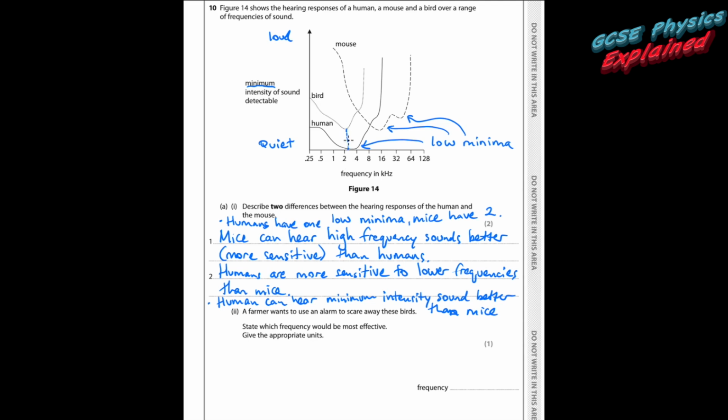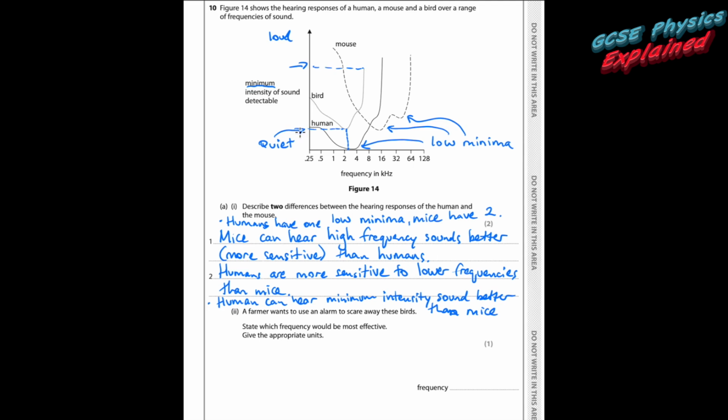The volume of sound required for birds to hear 2.5 kilohertz is very low. So they only need the sound to be quiet and they can still hear it. If you try to use a sound that's about 7 kilohertz, the sound has to be very loud.